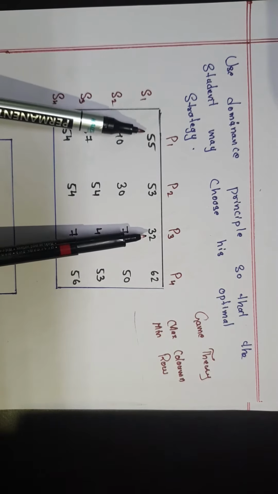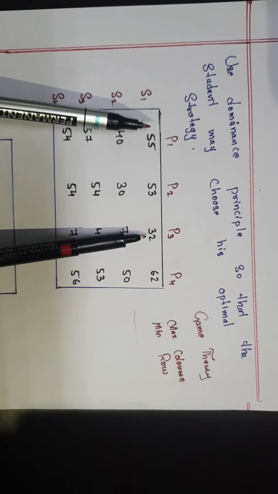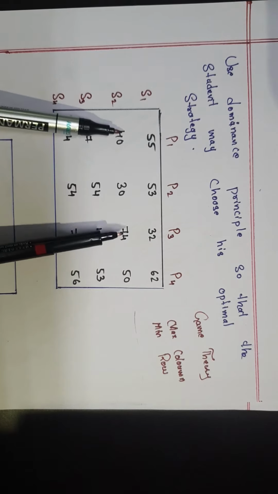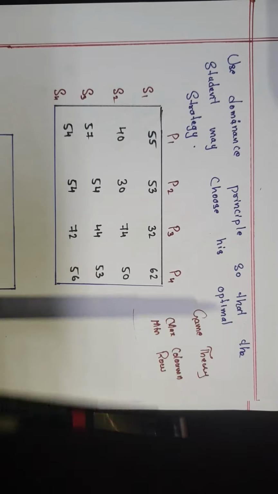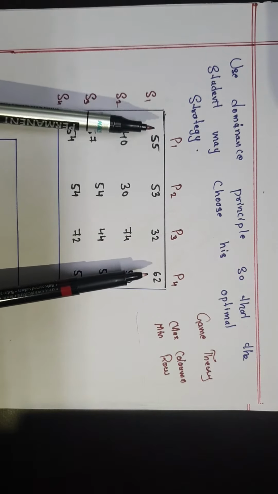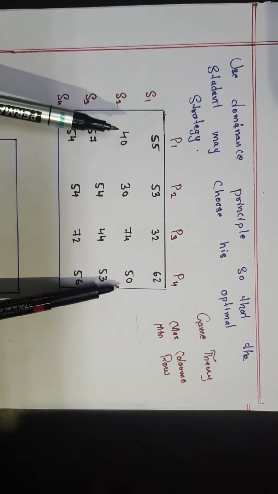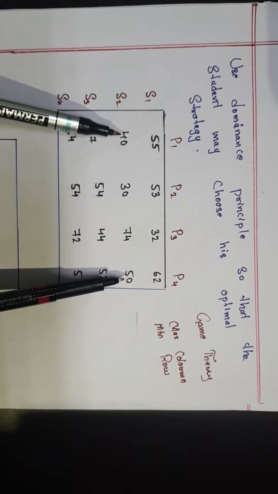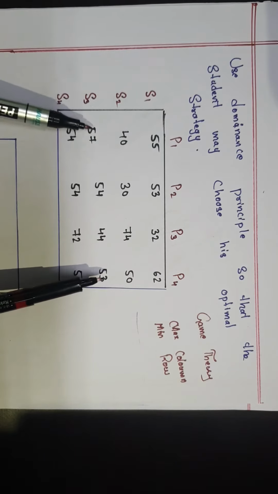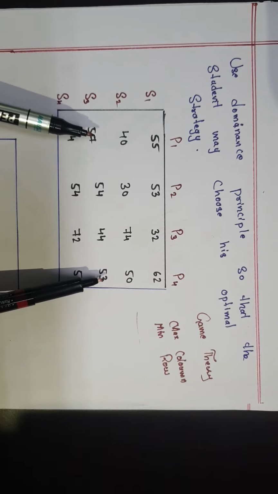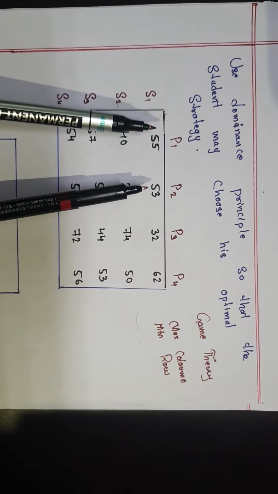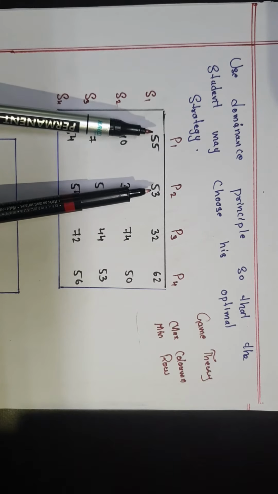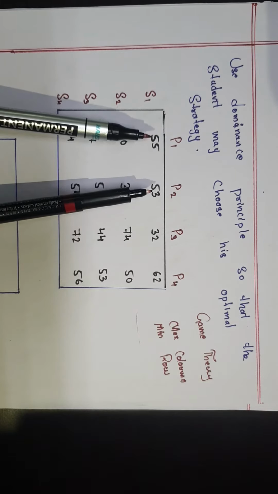Suppose you selected P1 and P3: P1 is maximum in some rows, but in others P3 is maximum. So you can't select these two. If you select P1 and P4, here P4 is maximum and here P1 is maximum, so you can't select these two either. The good option is P1 and P2.